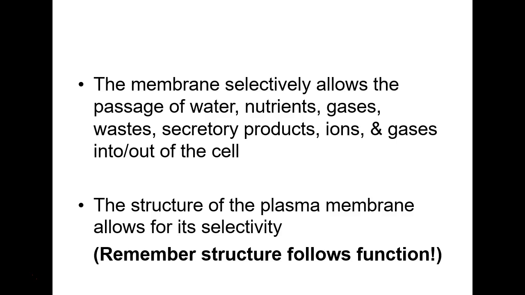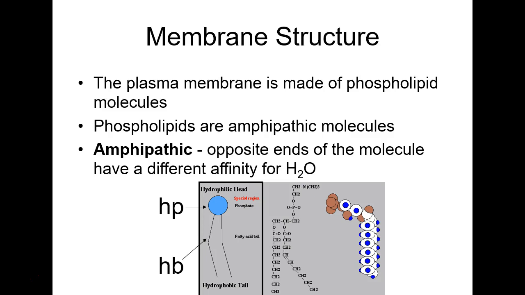And remember size, shape, charge, and solubility. Those are the 4 characteristics of a molecule that can determine how easily, or if, a molecule can pass through that membrane. So the structure of the plasma membrane allows for its selectivity. And so you have hydrophilic heads on these phospholipids, and they're amphipathic, which means this molecule has two ends, the head and the tails.